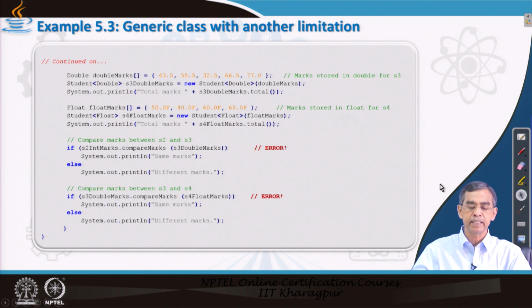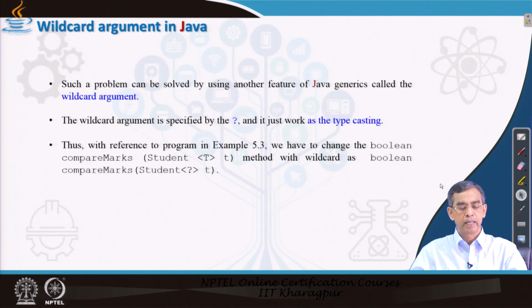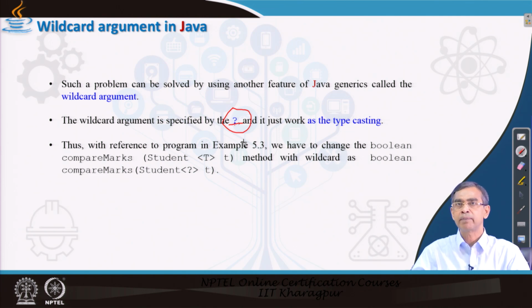So, this basically gives a compilation error, and this program therefore needs a certain remedy. The remedy is in the form of what is called the wildcard. Now, in Java, the wildcard symbol basically replaces T by a symbol called the interrogative symbol, the question mark. If we write this in place of T, then it says that it is a wildcard. Wildcard indicates that this works for whatever type belongs to the same category.